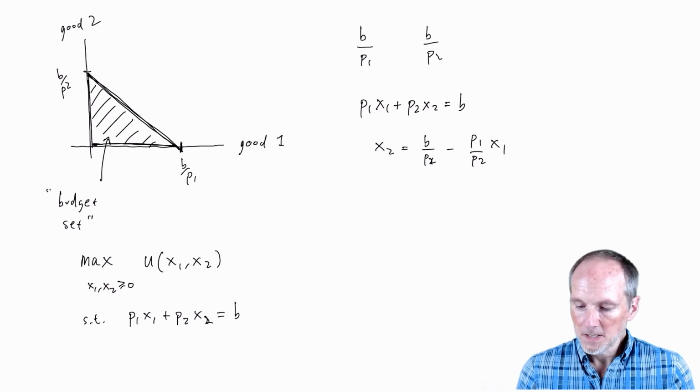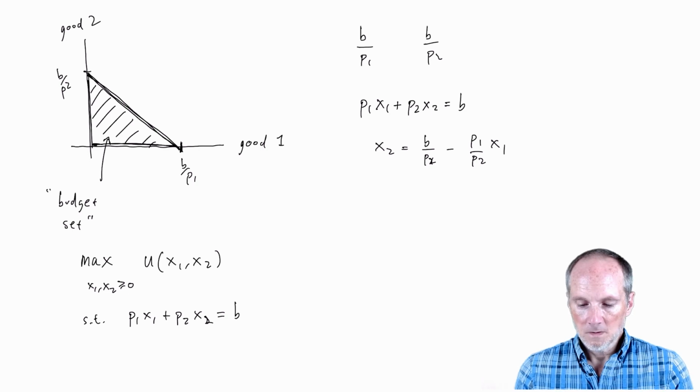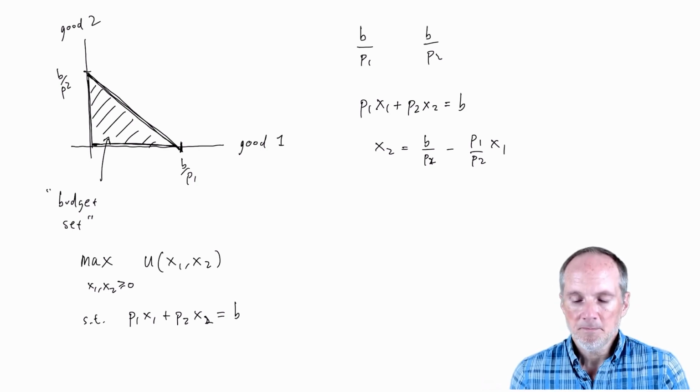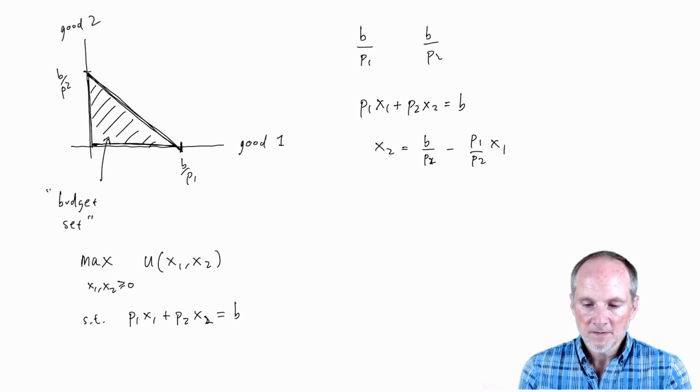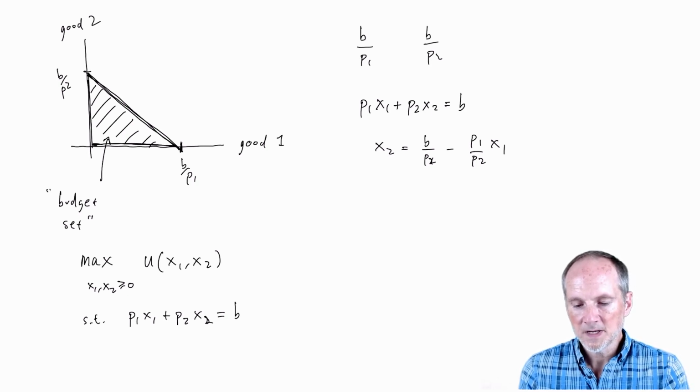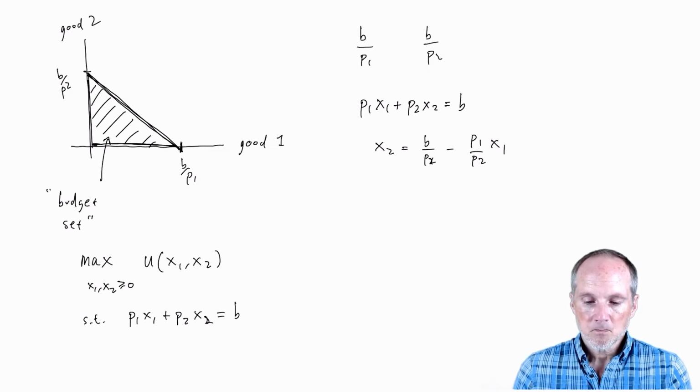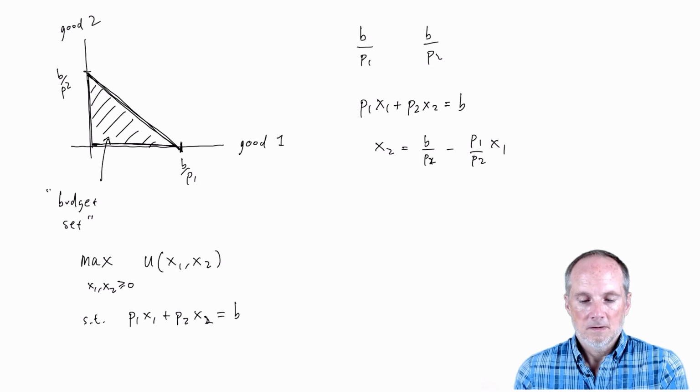Okay, so this is a constrained optimization problem. It's different than what we saw in the cost-benefit problem because there we used calculus techniques. We drew on the first order condition from calculus, which allowed us to solve that problem.